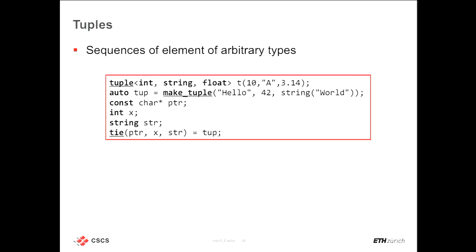And you can take the tuple and tie those values to your variables inside the program. What I wanted to say here is that C++17 will have a nicer way to return multiple things and tie them into your local variables. But more on tuples will come with Paolo's presentation.